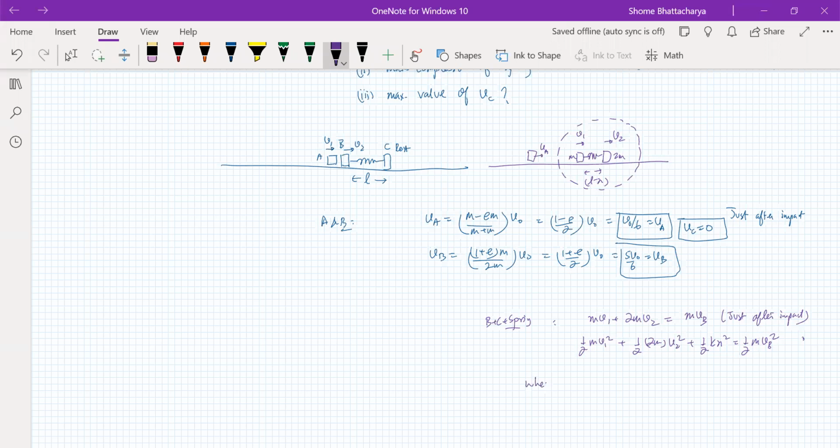So when x is maximum, V1 is equal to V2. Okay, so from equation 1, V1 is equal to V2, which will become VB by 3, and VB was, remember how much, 5 by 6 V naught. So it will become 5 by 18 V naught. Okay, and substitute that in equation 2.